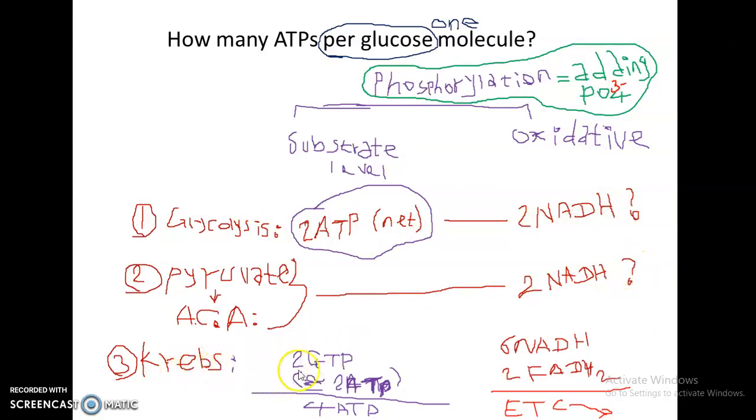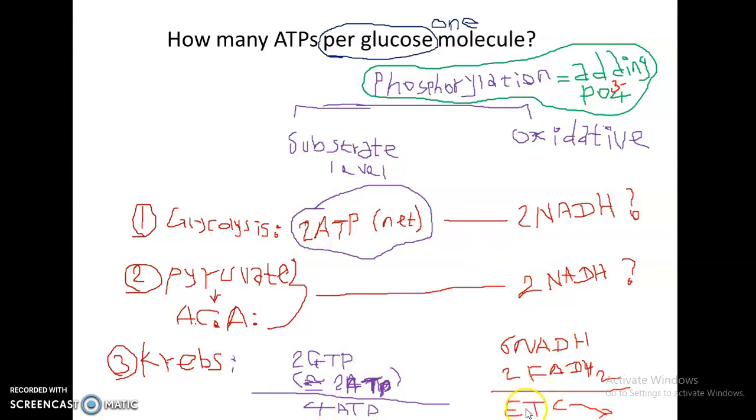Then from the Krebs cycle there will be 2 GTP from substrate level phosphorylation, which is equivalent. 2 GTP is equivalent to 2 ATP. Energetically they are equal. Therefore, when we add 2 ATP from glycolysis and 2 ATP from the Krebs cycle, you get 4 ATP from one glucose molecule through substrate level phosphorylation.